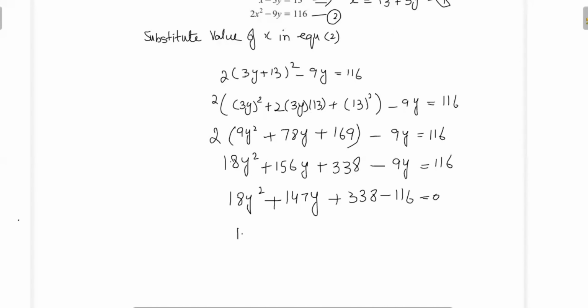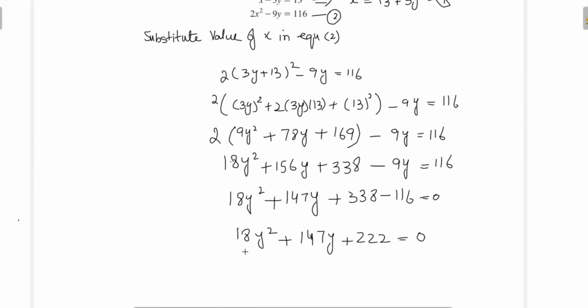We can write this 18y squared plus 147y plus 222 equal to 0. We divide this equation by 3.